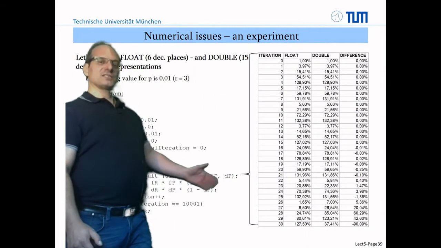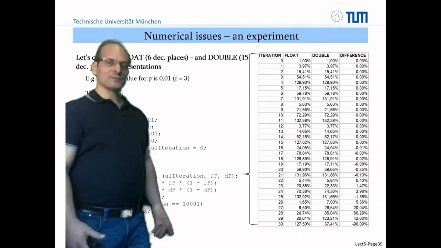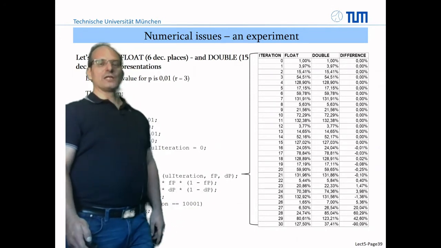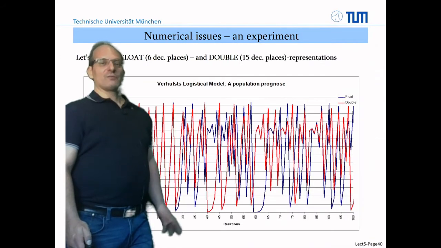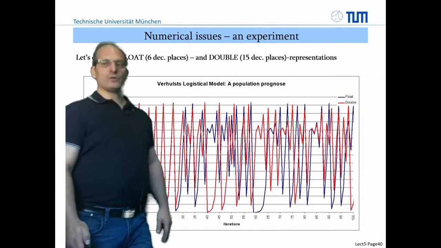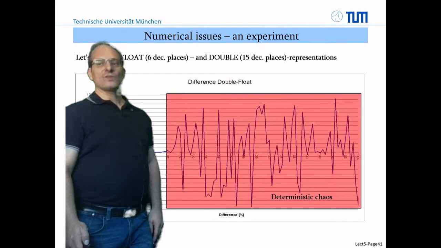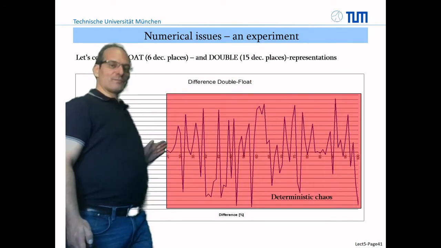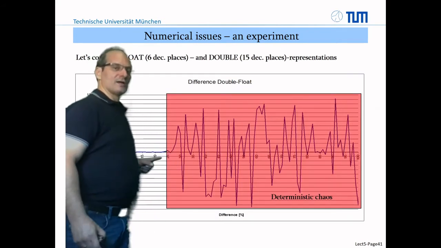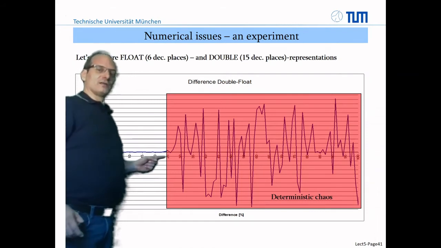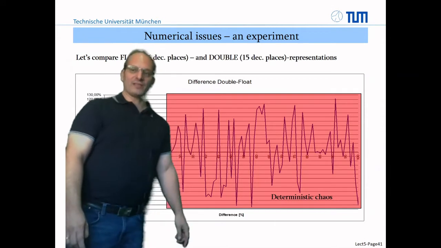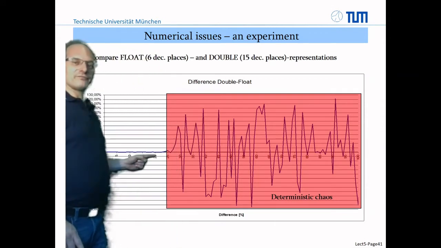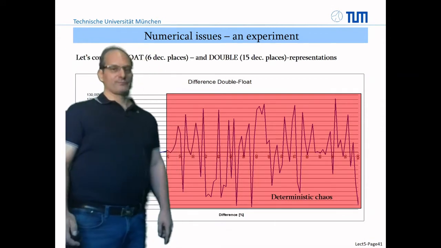So the suggestion is, okay, always use double precision, but even in double precision you will lose this information. It will happen later, but it will happen. This is now the subtraction of the two results. From this point on, the results are not reliable anymore, and this already happened after about 25 steps.